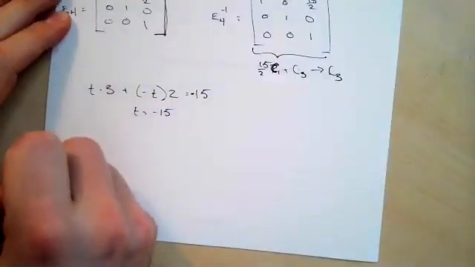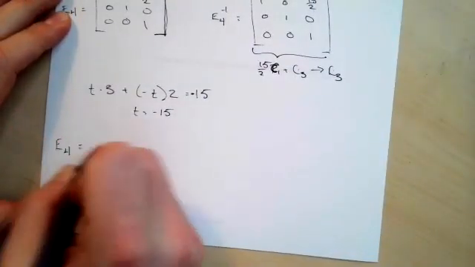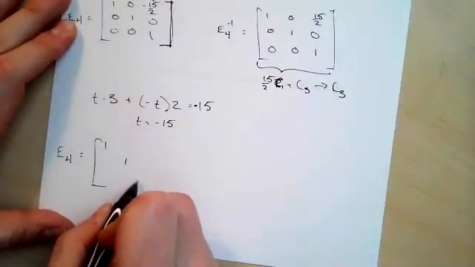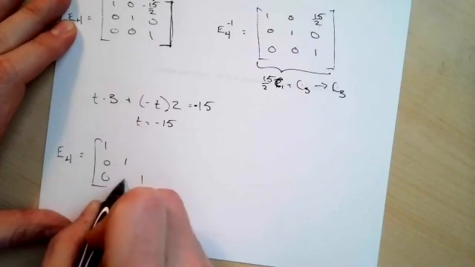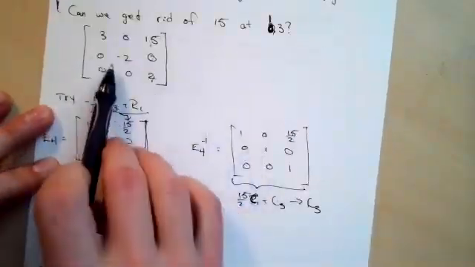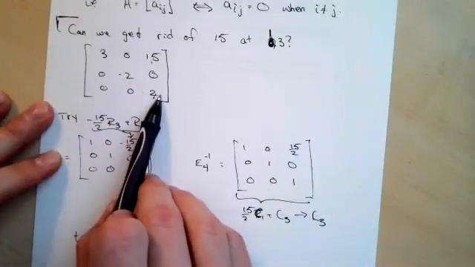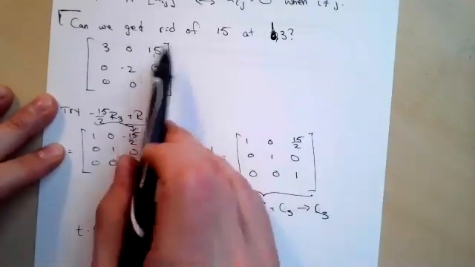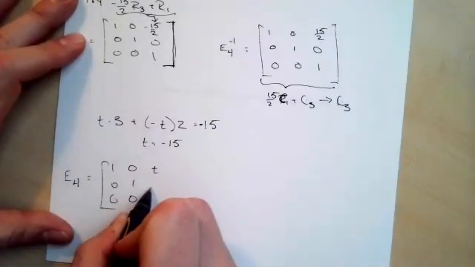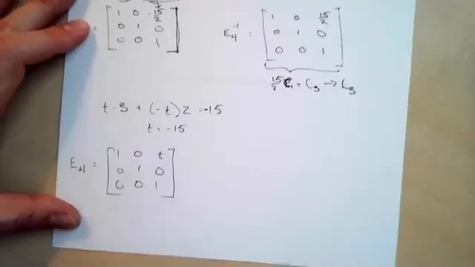So real quick, for E4, we know we need to get rid of this 15, so we should have some multiple of row 3 up here, right? So we know that's going to be our matrix.